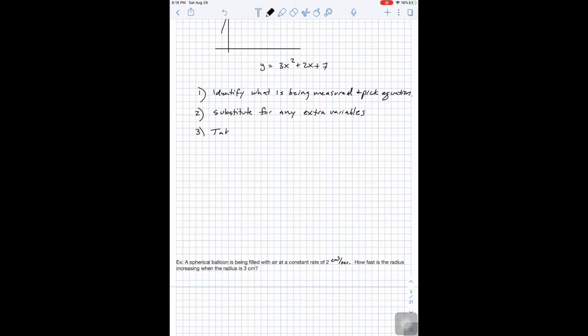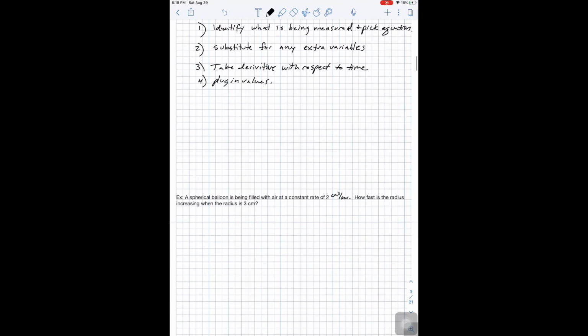And then you're going to take the derivative with respect to time. And then you're going to plug in values. Alright, we'll make some sense of that list as we go through the examples.